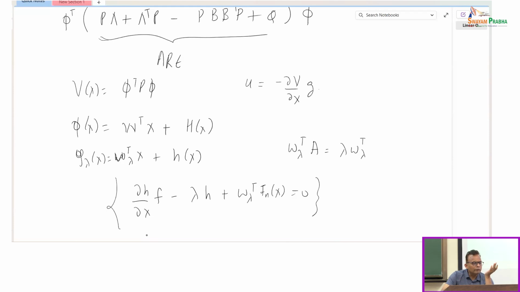So there are two different ways of solving this infinite dimensional linear set of equations for H: one using the path integral formula, and the other using the least square problem by assuming certain basis functions. In both cases we are using data, but we are not using the explicit system model. In fact, we are nowhere constructing the explicit system model to find the value function.